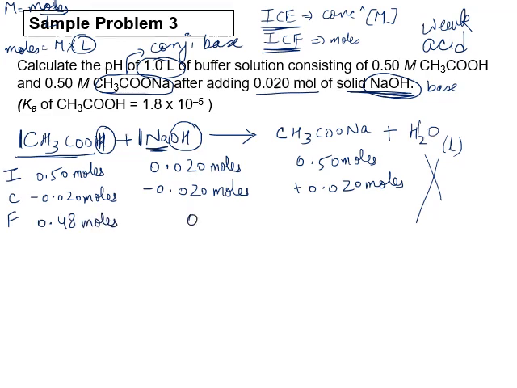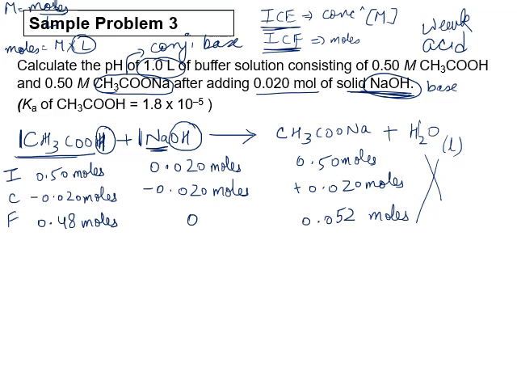This would be 0, and this would be 0.520 moles of this. Okay, so this is finally my reactant, and this last zero would not be here if we go by decimal places. That is how many moles of each are left at the end.